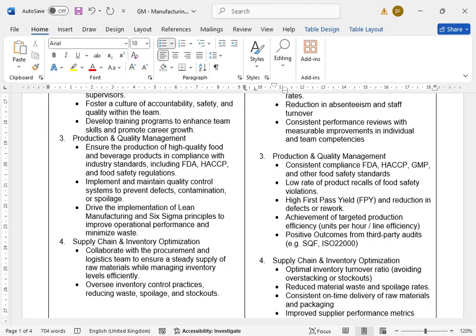You have to see whether they are consistent in supplying good quality products or there is always delay in the delivery of products.